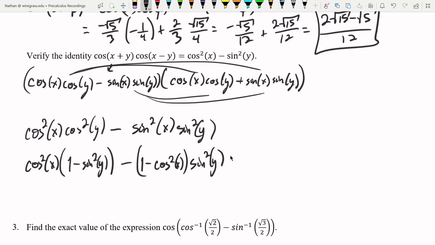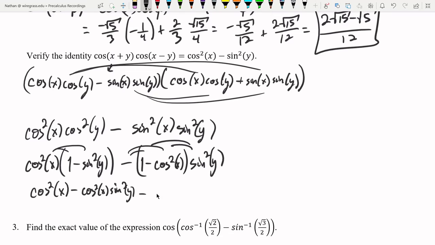Okay, we can simplify this a little bit, I believe. Let's distribute the negative and the sine. That's going to give me cosine squared x minus cosine squared x sine squared y minus sine squared y, then plus cosine squared x sine squared y.